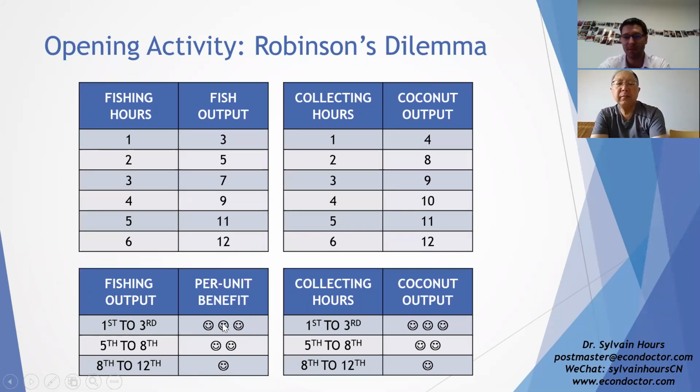Second fish, 3 happy faces. Third fish, 3 happy faces. But then you see that the extra satisfaction that is provided by the consumption of each additional fish decreases. For the 5th, 6th, 7th, and 8th fish, it's only 2 happy faces. And this could be interesting to do that, especially to introduce the concept of a decreasing marginal utility.